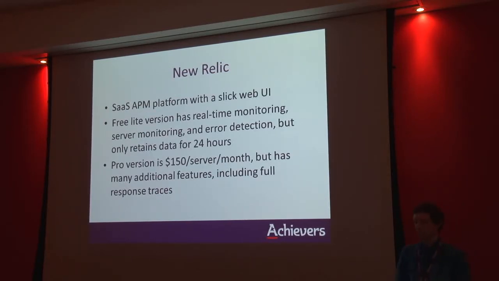So what exactly is New Relic? It is a software as a service APM platform with a really slick web UI. The free version contains some of the basics, so real-time server monitoring, application response times, and user monitoring, but it only retains this data for 24 hours, so you've got to act quickly on it.